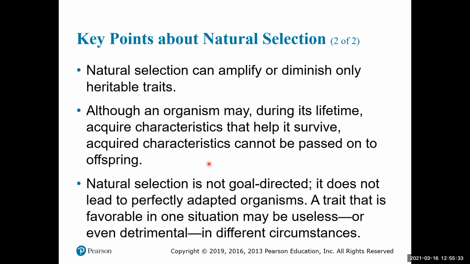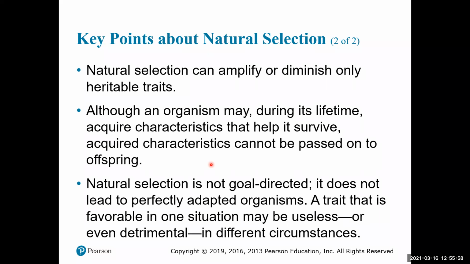And the reason we say that natural selection does not lead to this perfectly adapted organism is because a trait that's favorable in one situation can be useless in another. And so let's go back to that coat color example. A mouse that lives on a beach that has light color fur is really fit for that environment because he's camouflaged.